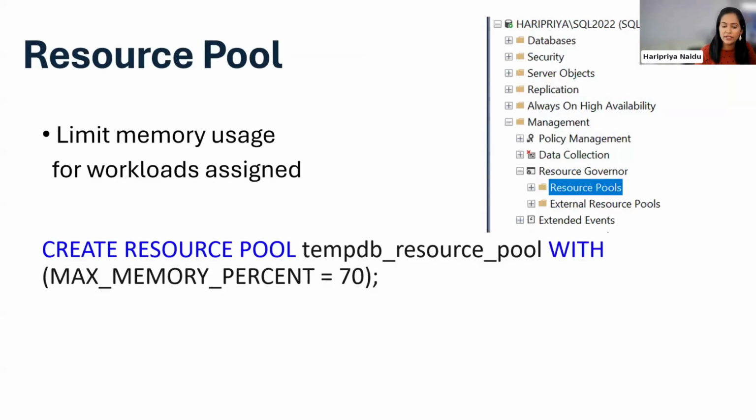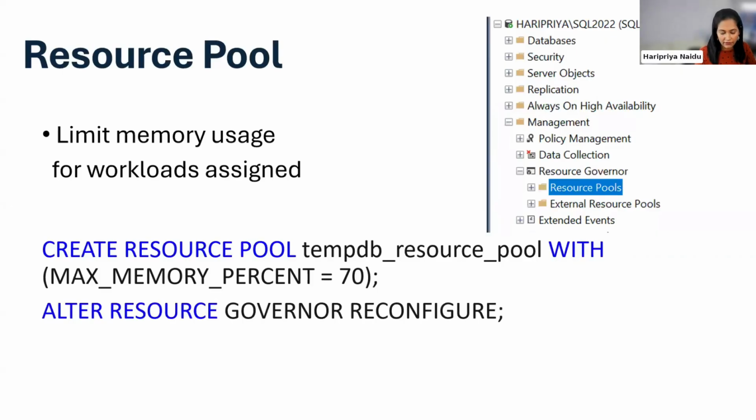We will create a user-defined resource pool with max memory percentage 70. You can give any number that you like, but with the rigorous testing that I have done, I've seen things work better when it is more than 50%, and 70 seemed to be a sweet spot for our systems. All right, and for this to take effect, you run the reconfigure statement on the resource governor.